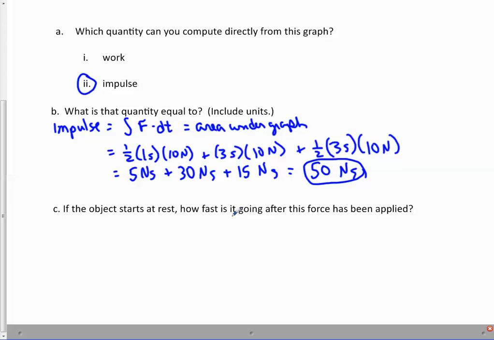Question C is, if the object starts at rest, how fast is it going after this force has been applied? Impulse is change in momentum, so this is definitely a momentum approach type problem. The change in momentum is the impulse, the 50 newton seconds. So the momentum will go up by 50 newton seconds.